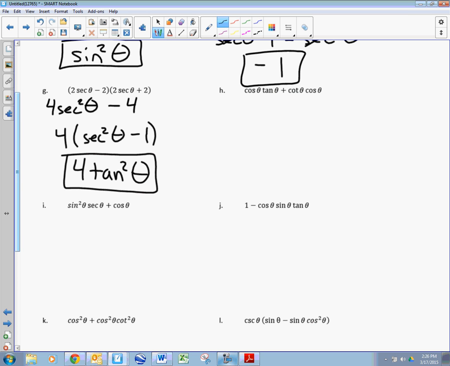H is a little bit different. There's no squareds, are there? There's nothing that cancels. So when in doubt, change it to sine and cosine and see what you can develop.